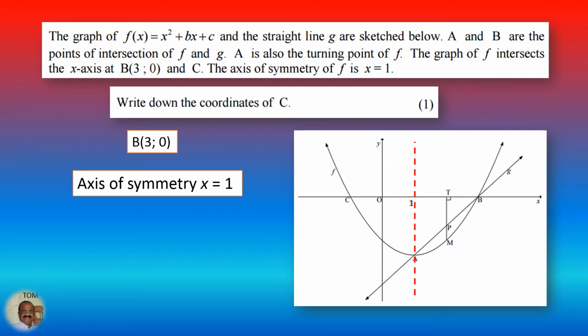So definitely the other x-intercept, which is C, must be 2 units to the left from 1. So we understand that the x-coordinate of C must be negative. So our coordinates are (-1, 0). 1 mark.